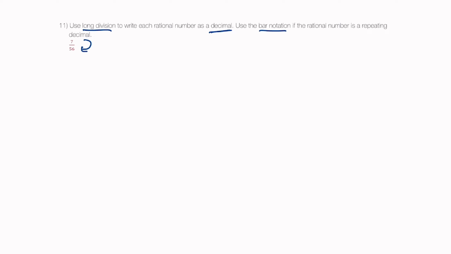So 7 times 8 is actually 56. So this fraction can be reduced to 1 over 8, because this is 7 upon 7 times 8, which is what you would write for 56, and then 7 would be cancelled. What you are left with is 1 over 8.